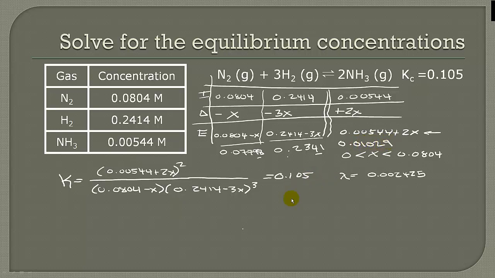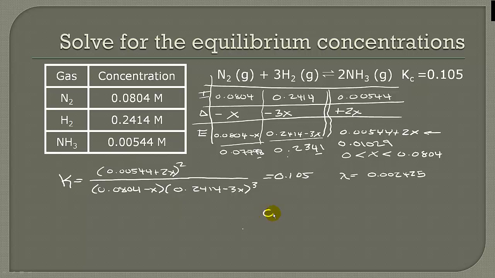So none of those values are negative, which indicates that my upper bound is good. So those are my concentrations for this problem, but let's say you're not certain and you want to check to make sure you got the right answer. The appropriate thing to do at this point is actually recalculate the value for Q with the values that you calculated using your solver.